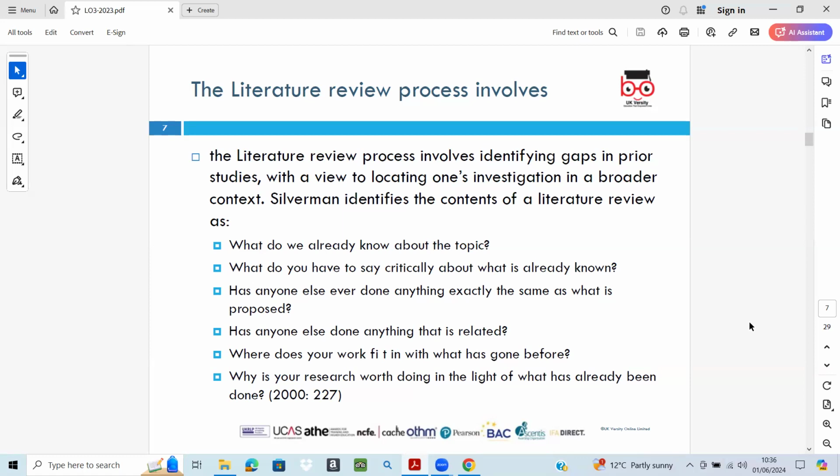And now we will discuss what Silverman identifies as key components of a literature review. The first step in a literature review is to summarize the current state of knowledge of your topic, and this involves a comprehensive summary.